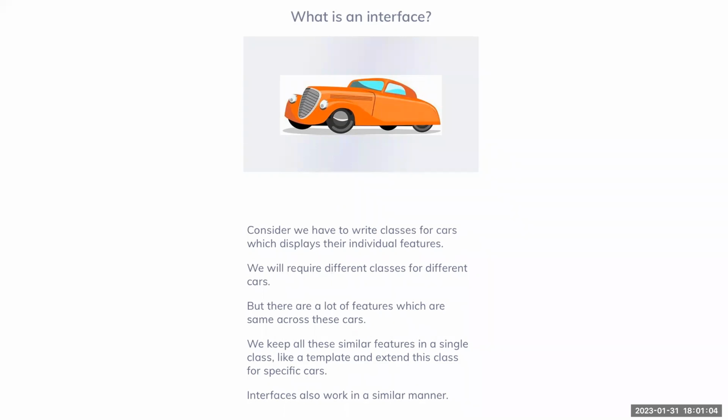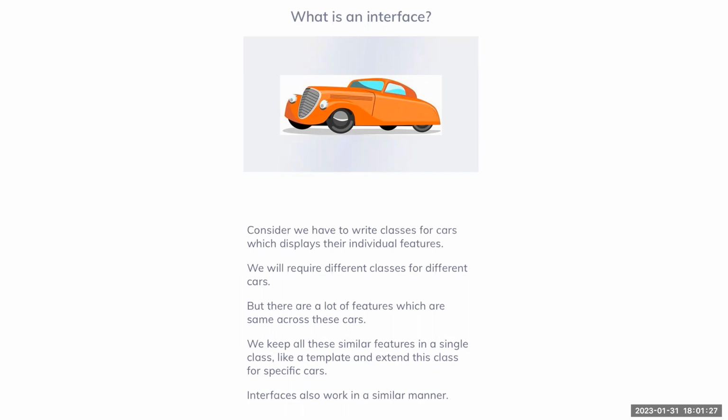So let us consider if you want to write a class. We have to write classes for cars which display their individual features. We will require different classes for different cars. But there are a lot of features which are the same across these cars, right?